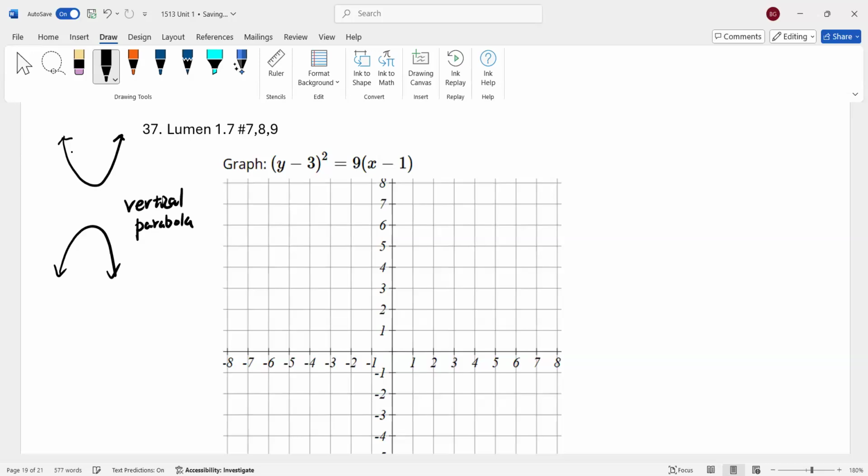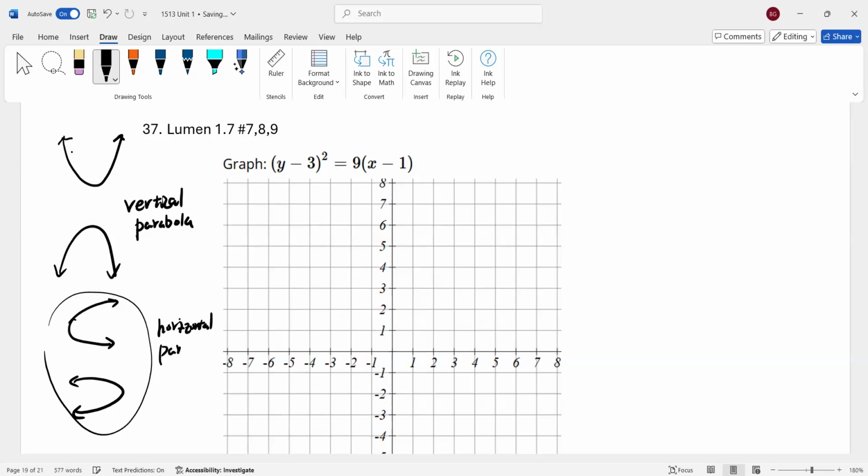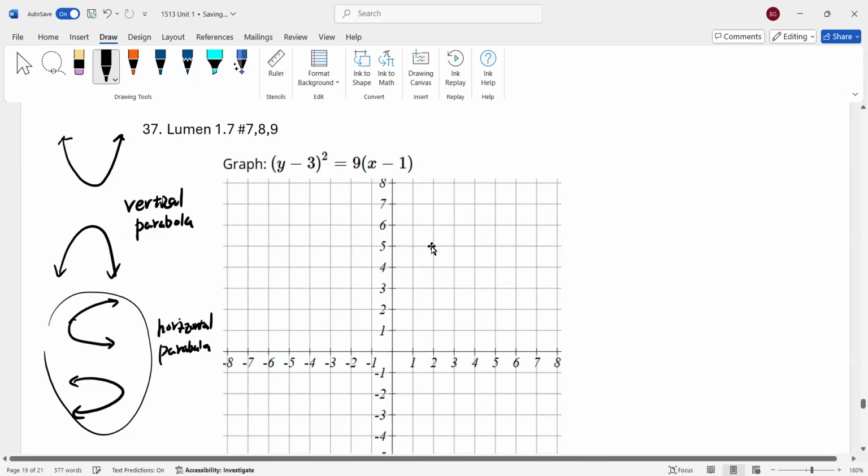And the parabola could also open to the right or open to the left, and those 2 types we call horizontal parabolas. And this problem number 37 gives a horizontal parabola.